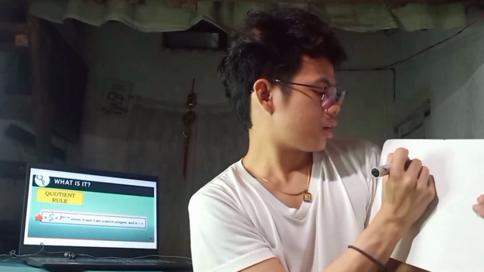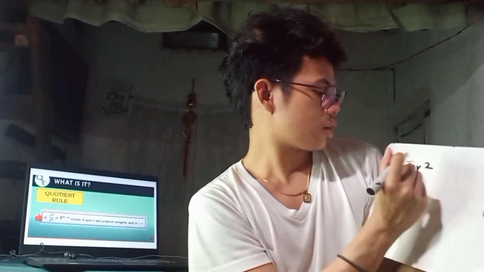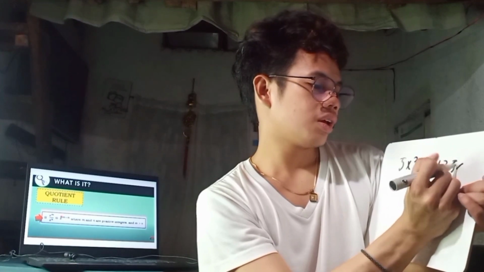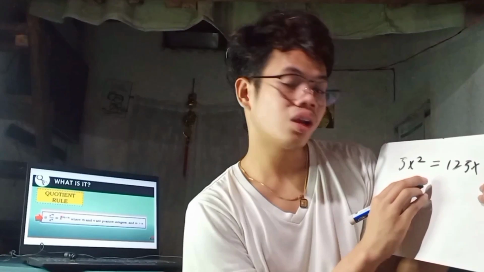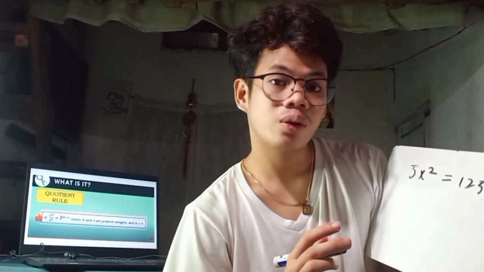Let's say we have 5x squared is equal to 125x. So the first thing we have to do is to eliminate the 5x here. Why? Because we are applying the quotient rule.